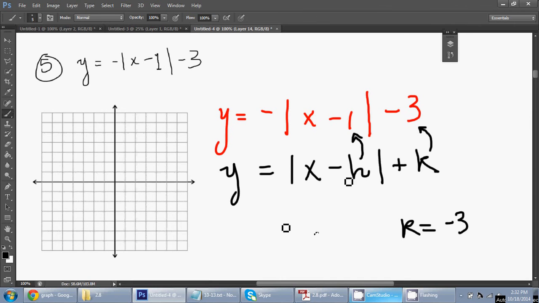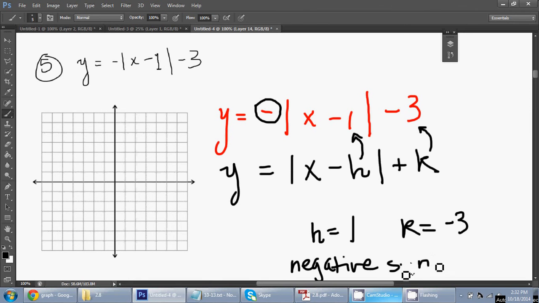But the other thing to notice is this function has a negative sign in front of it. So h is 1, k is negative 3, and there's a negative sign. And if you remember from what we talked about previously, a negative sign means that the graph is going to be flipped.